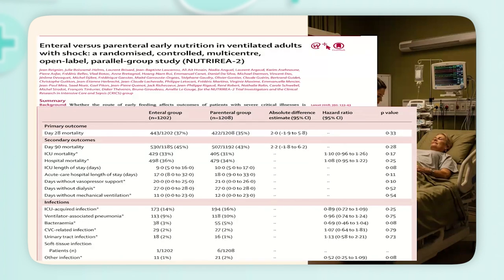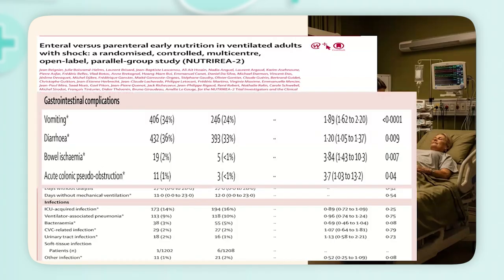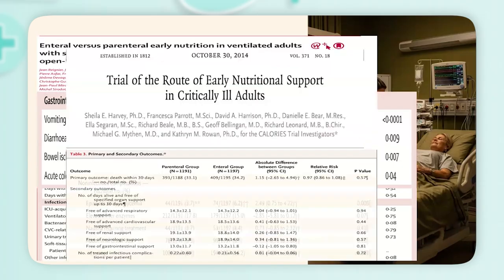So the risk of giving parenteral nutrition, of course, is higher. And if you don't give enteral nutrition, the chance of bowel malfunction is always there. But we have to consider parenteral nutrition when there is vomiting, diarrhea, bowel ischemia, and so on.